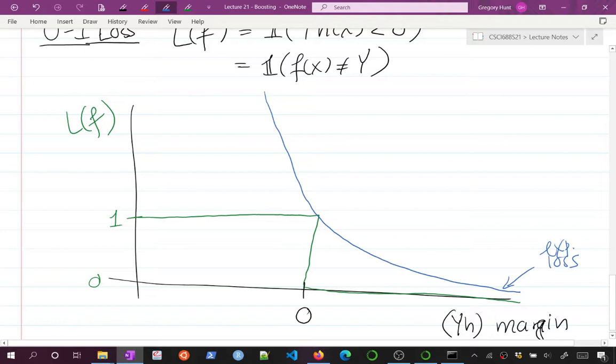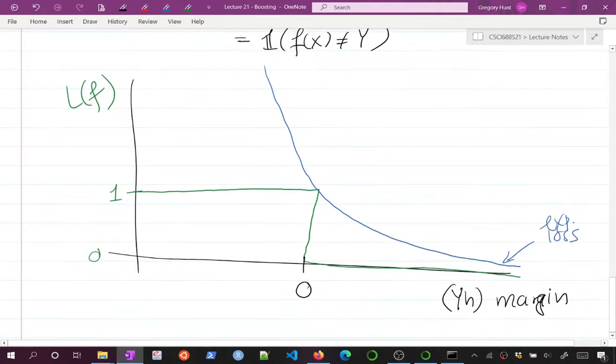Instead of the indicator that our margin is negative, the exponential loss has a formula of e to the negative of our margin. So that gives that blue line that we show.